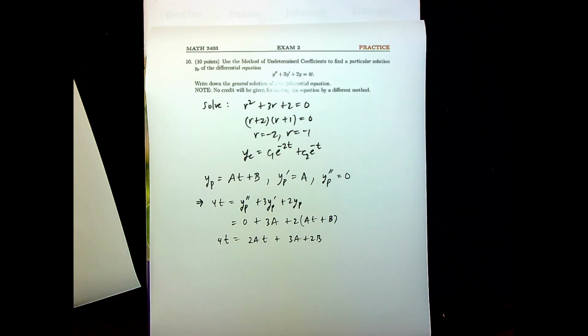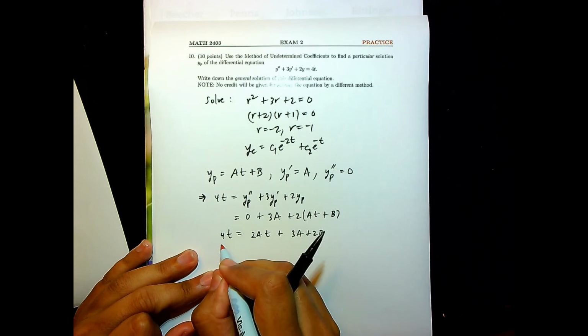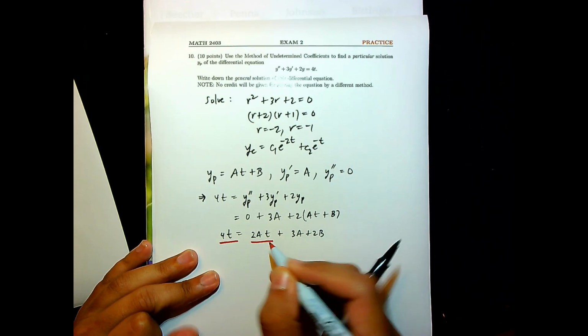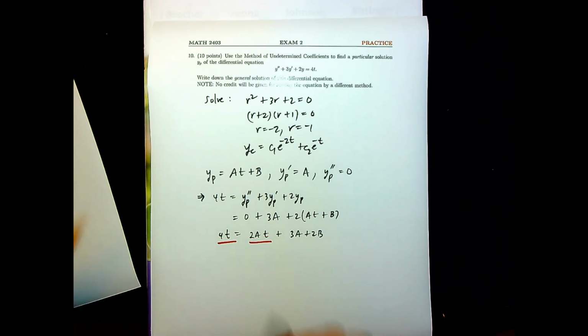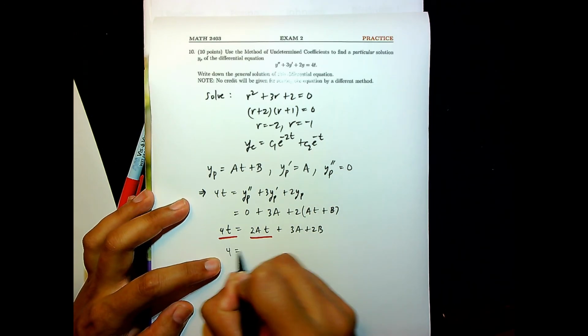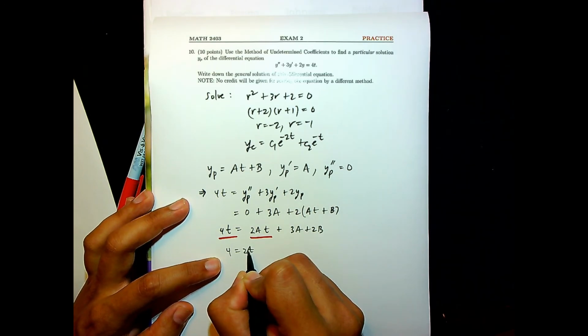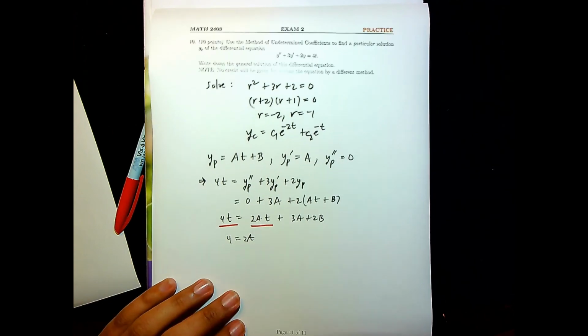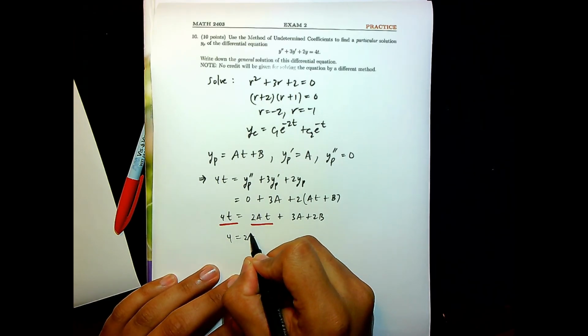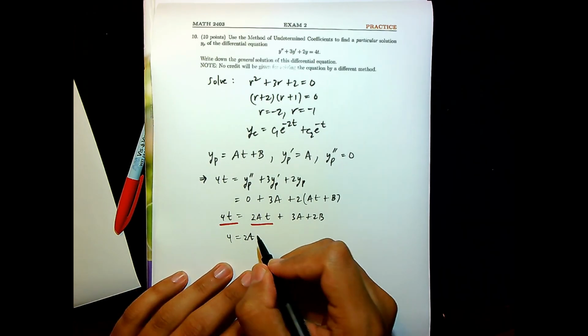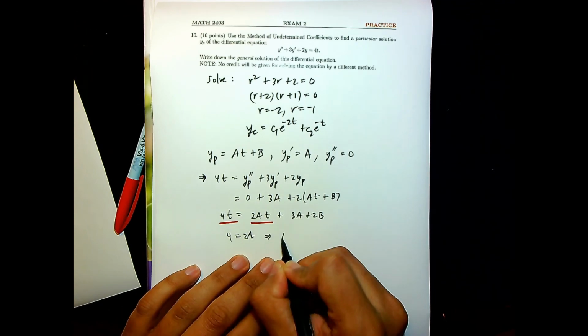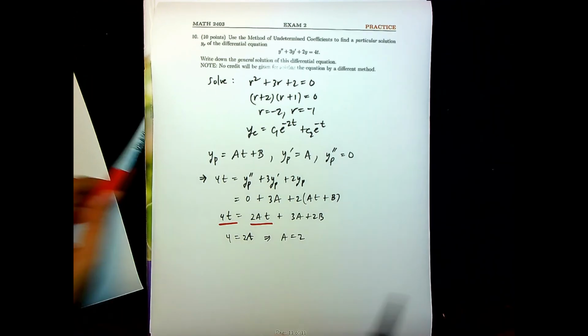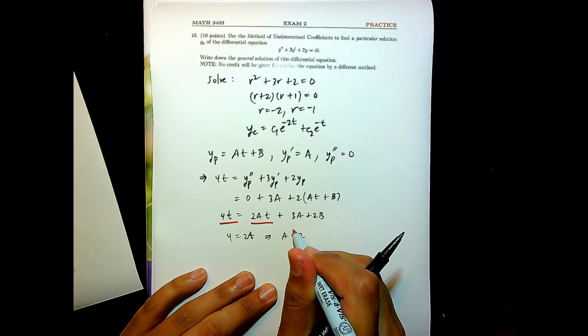Okay, now comparing, right? You have these two should be the same. So that means that 4 should be equal to 2a, comparing the coefficients of t. 4 should be equal to 2a. So that means a should be equal to 2. So we found that a equals 2.